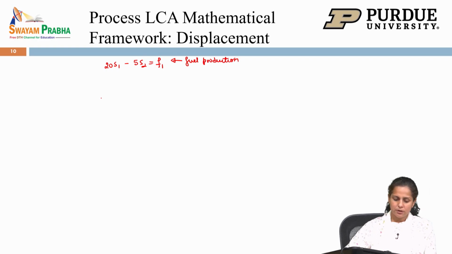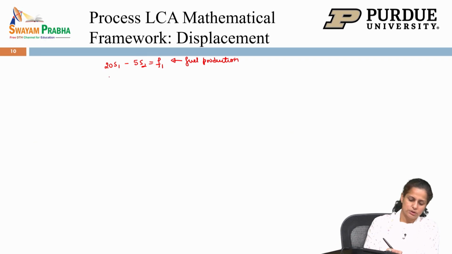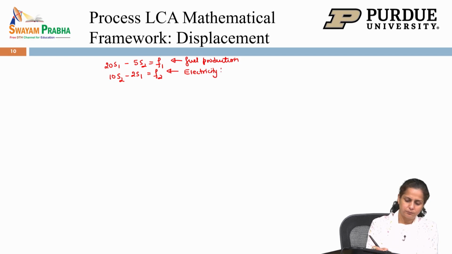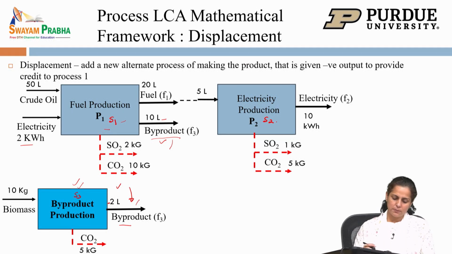For the electricity, we can write 10 times S2 minus 2 times S1 is equal to F2, where F2 is our electricity production from the network. And then the last we will write a balance for the byproduct.